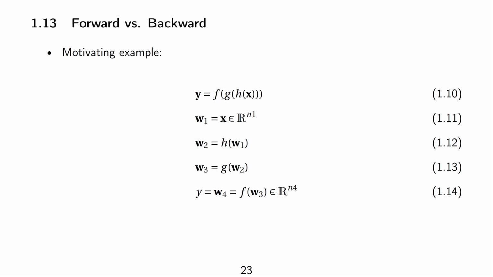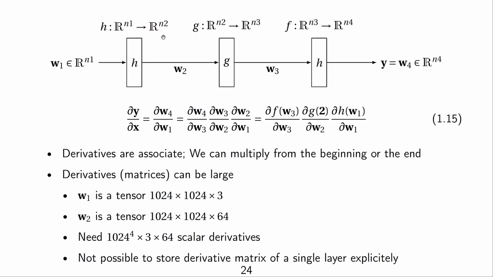Let's look at the derivatives using a figure that depicts this function. All right, this is just the figure of what we saw before. Maybe just think of it as your mini network, and w1 is the input that is processed by function h, then output is w2 that goes into function g, out comes w3 that goes into function f, and out comes y.